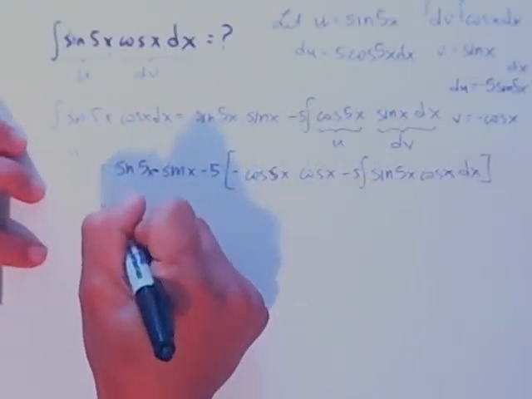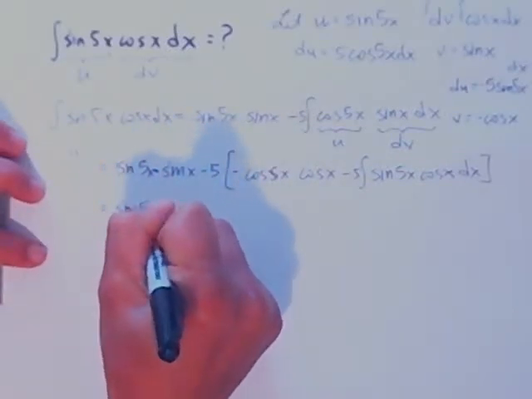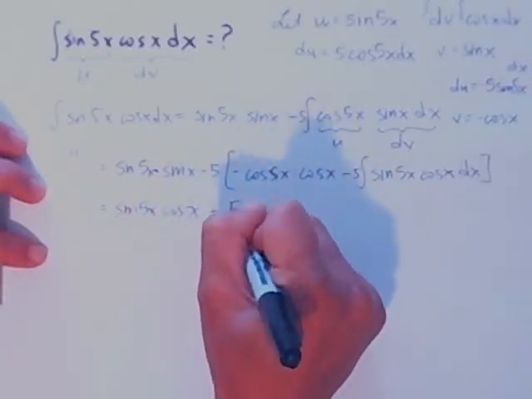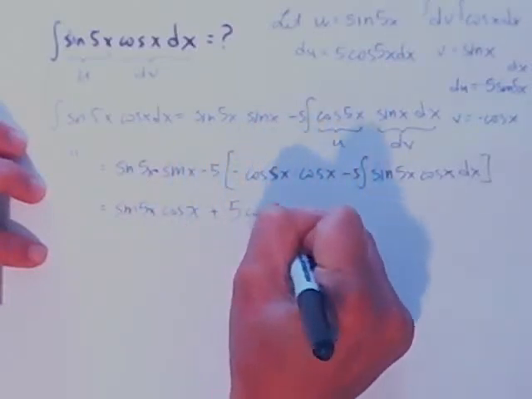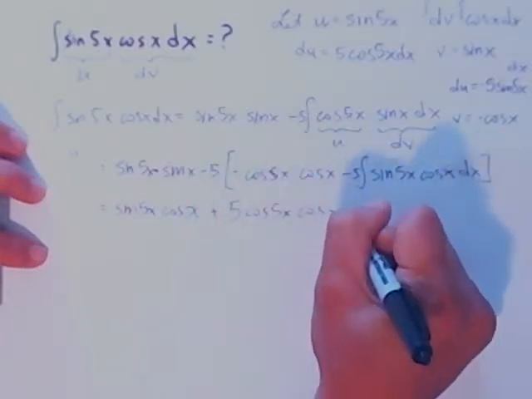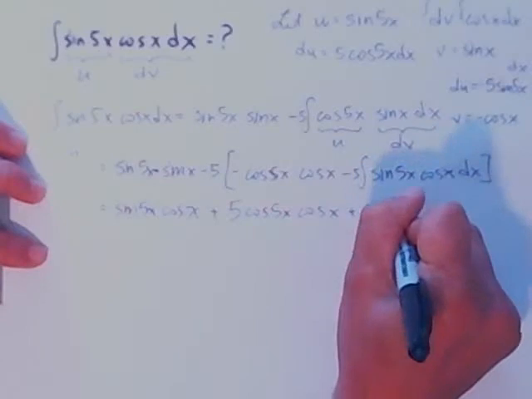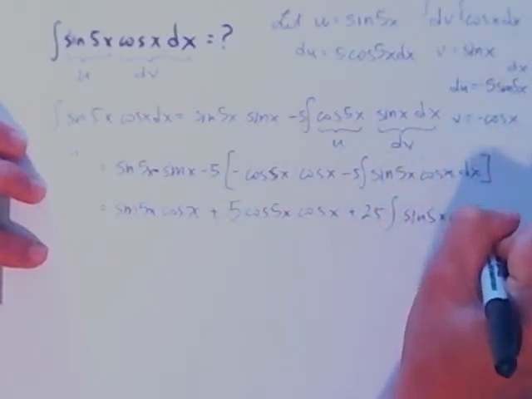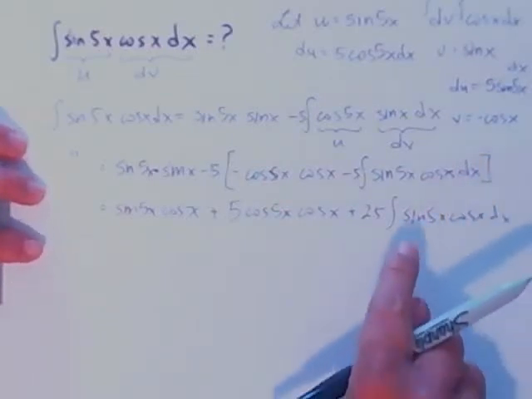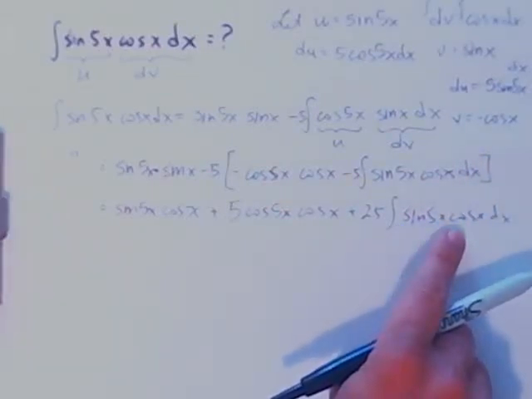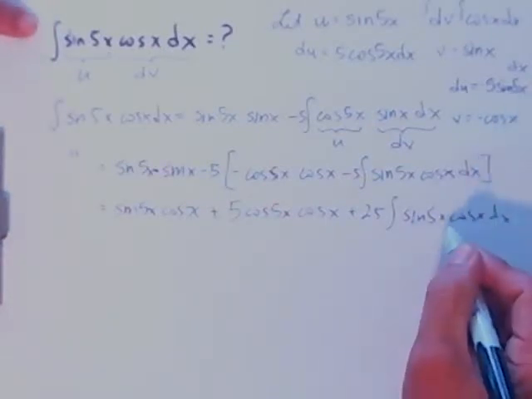You end up with sine of 5x cosine of x plus 5 cosine of 5x cosine of x, and then the minus and the minus becomes plus 25 times the integral of sine of 5x cosine of x dx. So this portion, sine of 5x cosine of x dx, looks just like the beginning portion, sine of 5x cosine of x dx.